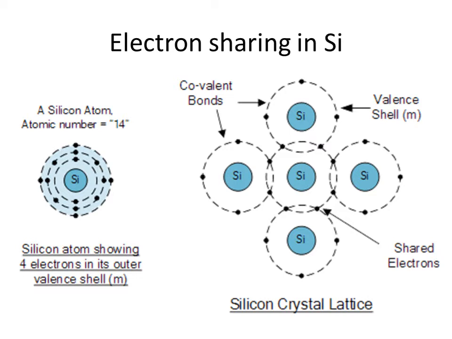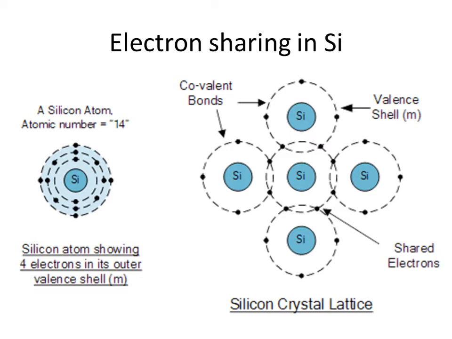Valence electrons are a part of the bond, and they are what make the crystal stable. When an electron is in the bond, that electron is not free to move. So that is referred to as a valence electron.